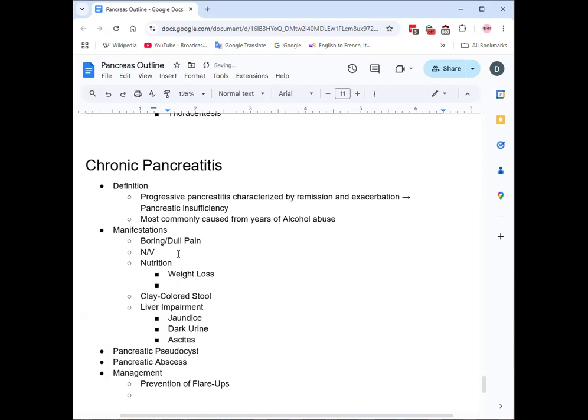Another thing is that they might have diabetes, because if they have chronic, long-lasting, progressive pancreas issues, all of this is related to long-lasting damage to the pancreas.